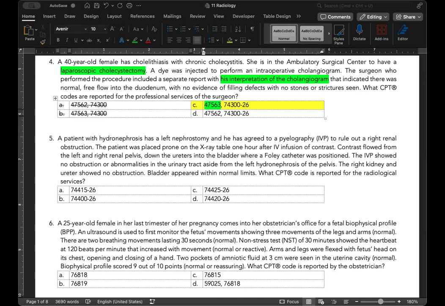So if we have a radiologic exam, that's going to be an X-ray, right? So it's basically going to be an X-ray with contrast. So we'll go to X-ray. Underneath X-ray, we'll go to with contrast.